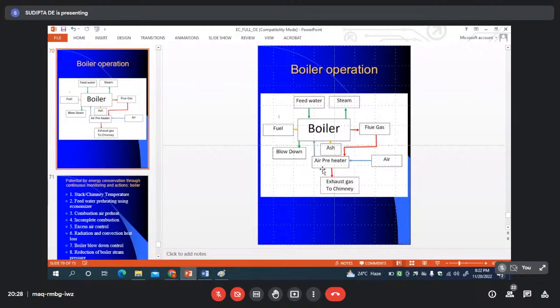Air is coming through the air preheater for better energy conservation, and then the air-fuel combustion process, heat generation. Ash is coming out from the solid fuel, and then the flue gas coming out is subsequently used in a waste heat recovery device, the air preheater. An example was already discussed during the heat wheel and rotating regenerator principle.